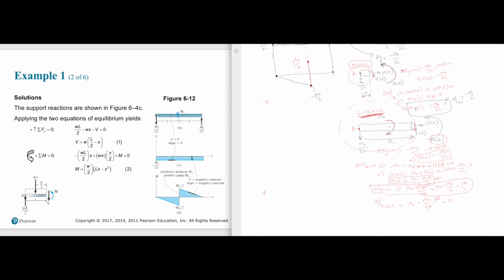M of x is a line equation. It's a line equation because it's x to the power 1, so it's linear, and it's going all the way back to 0. That means here it's going back to 0. Oh, it's a line. It's going like that.